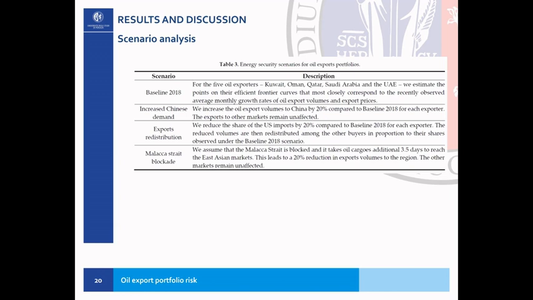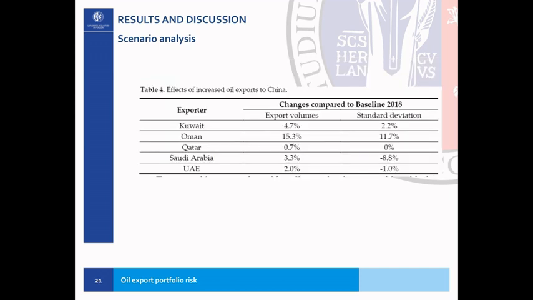And then the other markets remain unaffected. So what we have done was essentially to perturb the matrix of exports and the covariance matrix of exports of each country in order to recompute what is happening. Whether this is interesting or not, I will leave it to you, but that's what's happening.